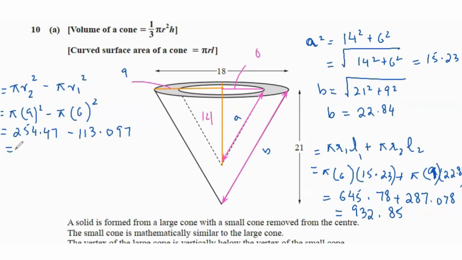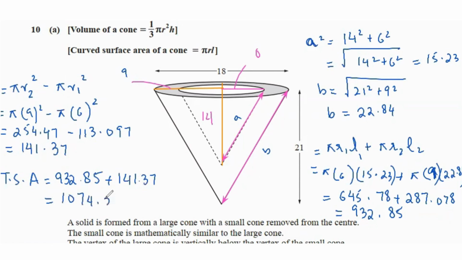And that is going to give us 141.37. So now, for the total surface area, I will add 932.85 to 141.37. And that is 1074.2 centimeter square.